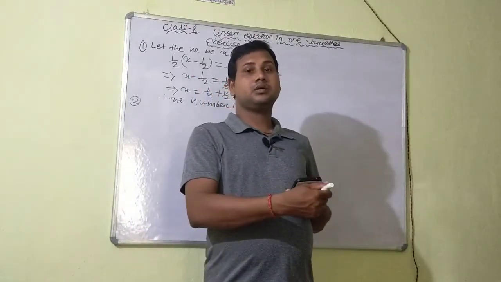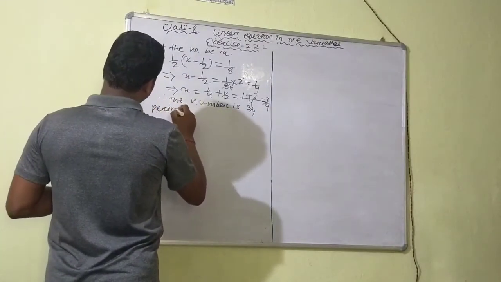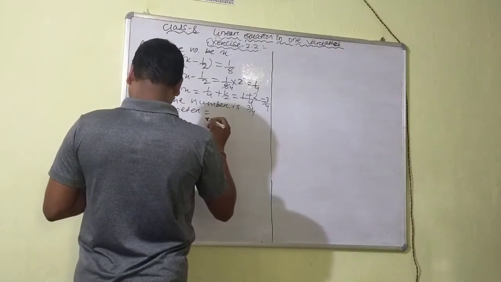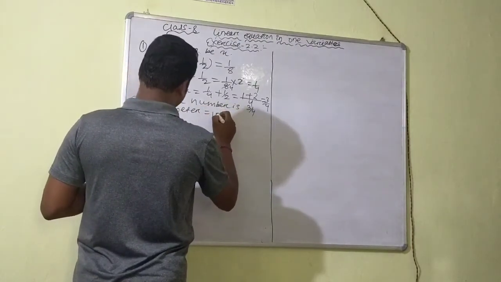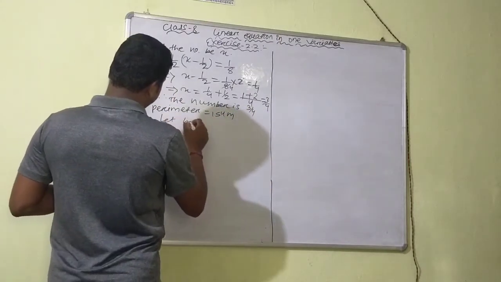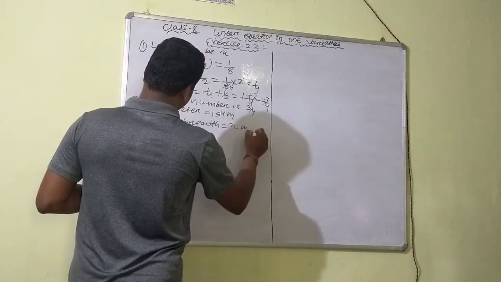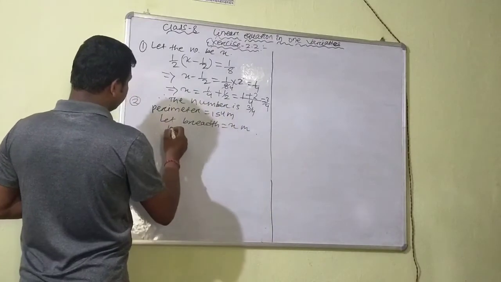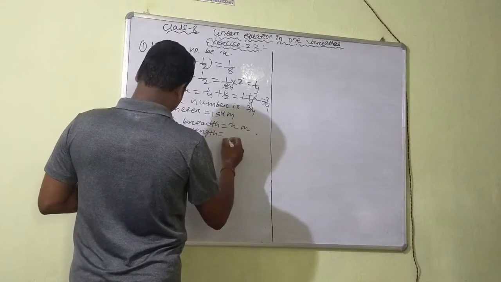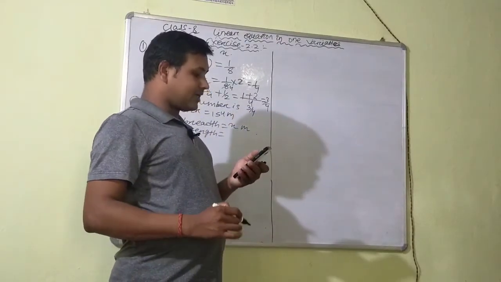So here the perimeter of the rectangle is given, equal to 154 meter, and let the breadth equal x meter, then length equal to 2 more than twice its breadth.